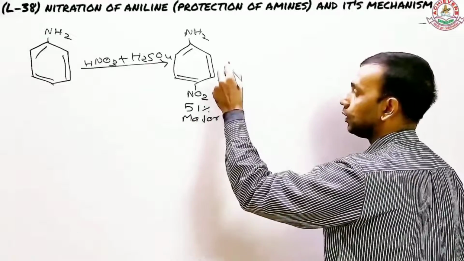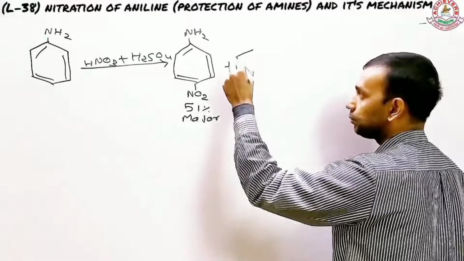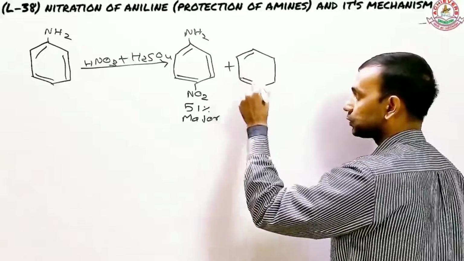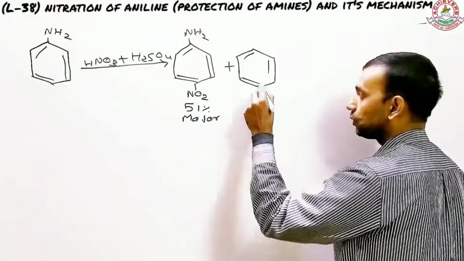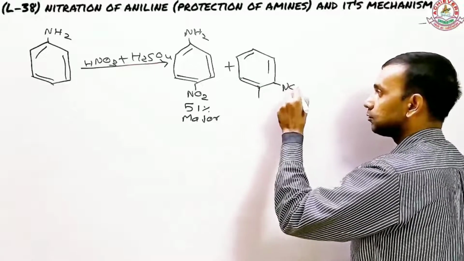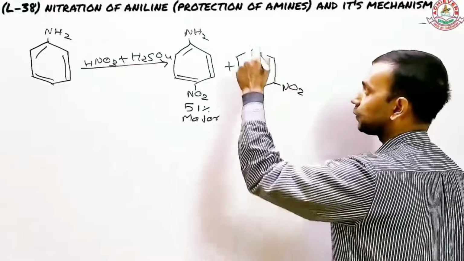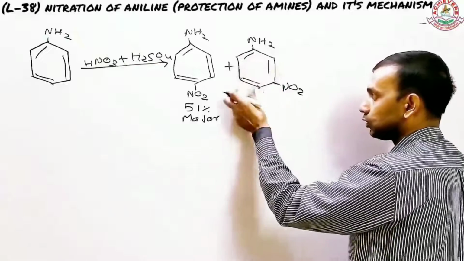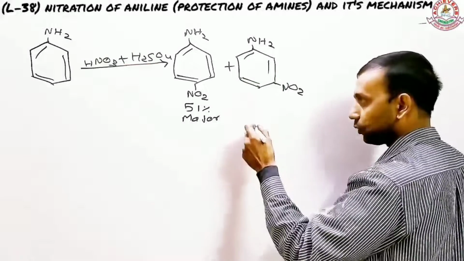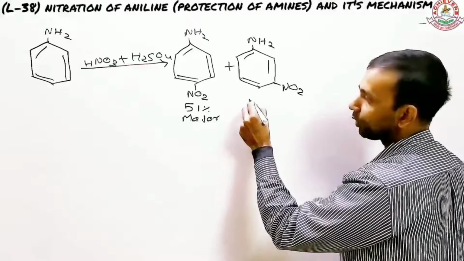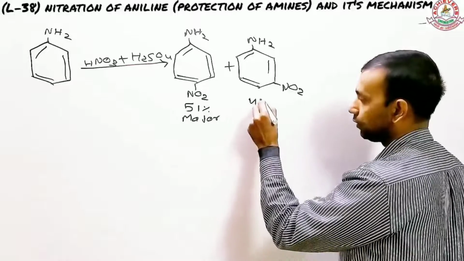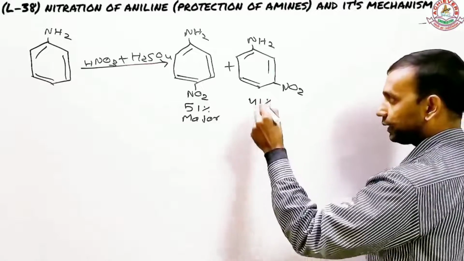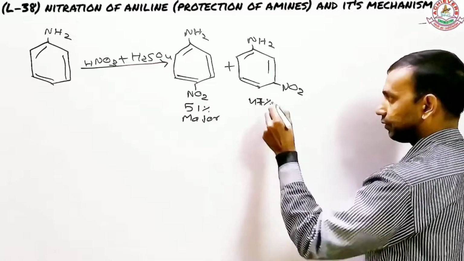Now, along with that, you have something very unexpected product also, and this is your 3-nitroaniline. So this is around 41%, probably 47% in fact, 47%.